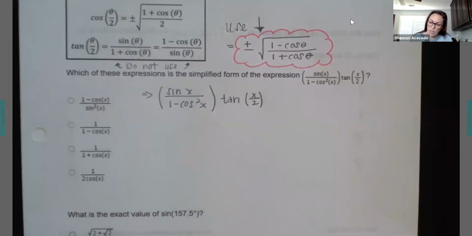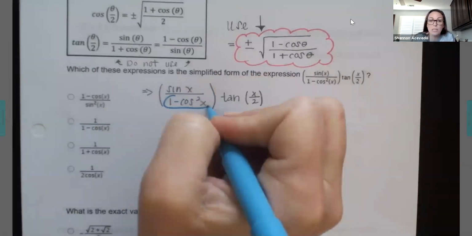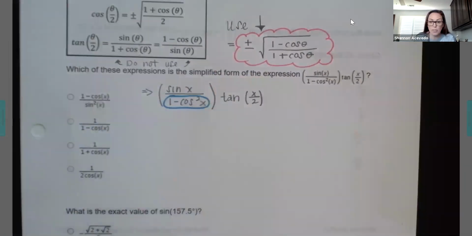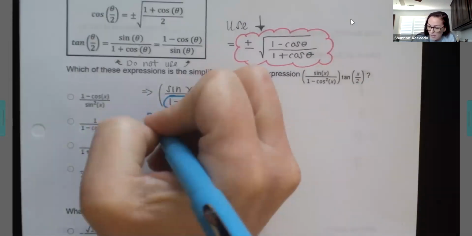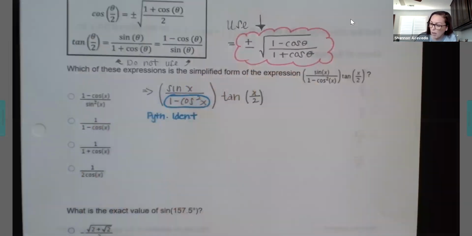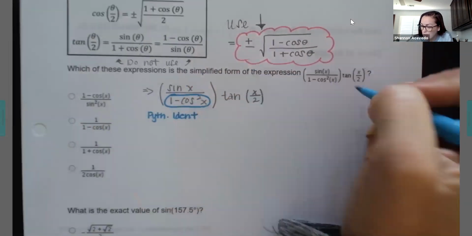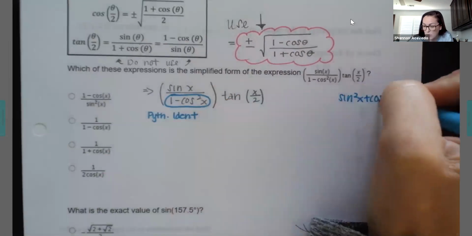I haven't done anything yet, but what are some things that I know? Hopefully this looks familiar because we've used this lately. This is a Pythagorean identity, and that goes with the idea of remember our sine squared x plus cosine squared x is equal to 1.